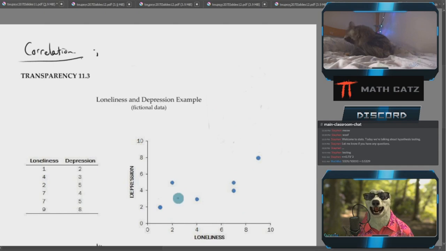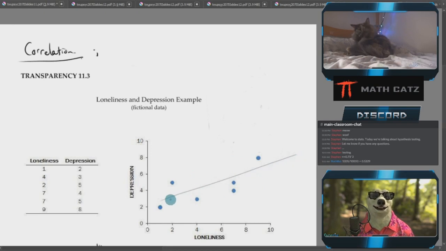But let's just look at this. There definitely seems to be a correlation between these sample values. But what is that, and how do we describe that relationship that we see here?